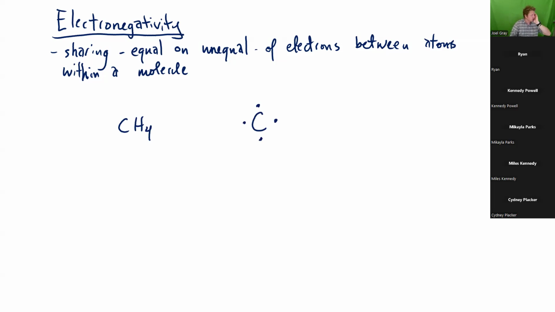Hydrogen has a Lewis structure that looks like this. Carbon has those 4 electrons. Each hydrogen has 1 electron. And we always draw CH4 to look like this.